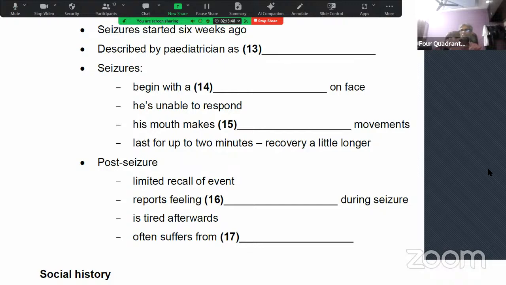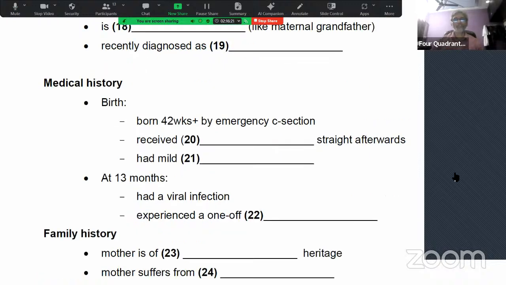Tiredness, maybe. Weakness, yeah. Tired. Suffers from tired, no. Suffers from tiredness. Involuntary movements. Due to involuntary movements, but not from. Okay. Yeah.